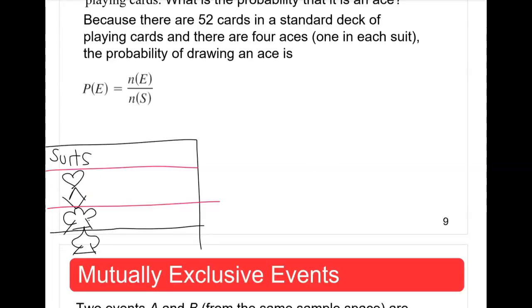Now for each suit, you have a total of 13 cards. So those 13 cards will be the ace, and then the numbers, from 2 to 10.